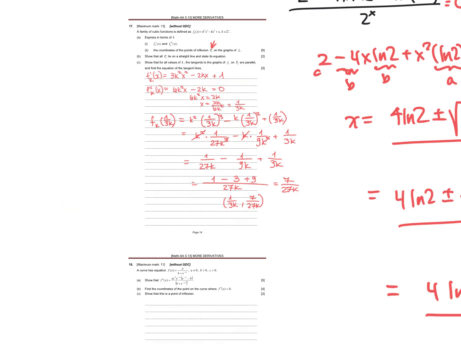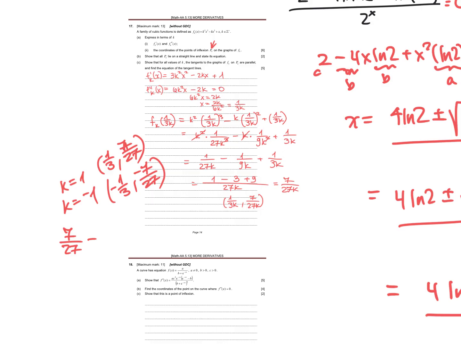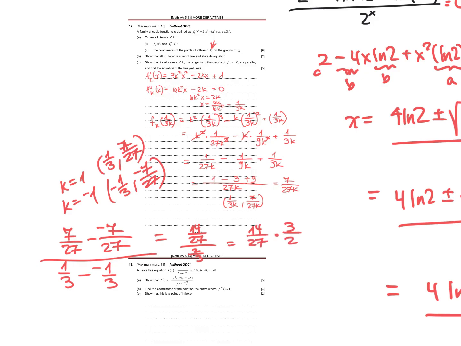So then we have y2 minus y1 over x2 minus x1, which is going to be 14 over 27 divided by 2 over 3, which is 14 over 27 times 3 over 2.